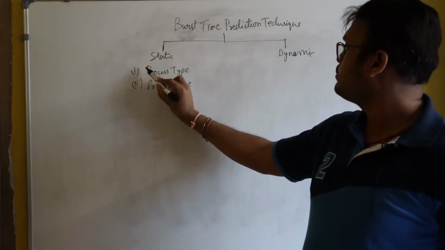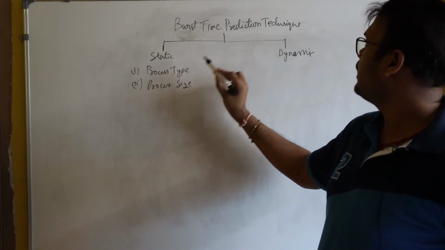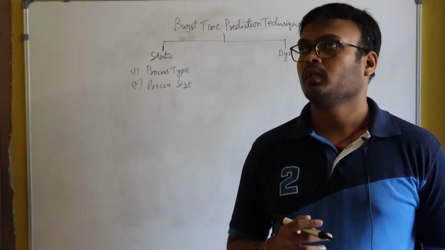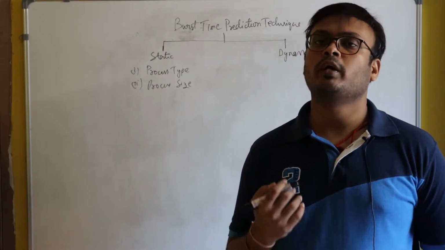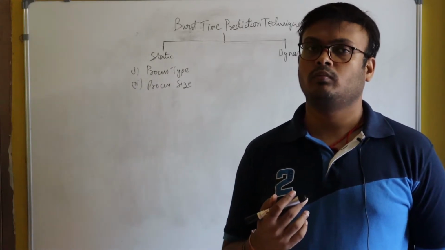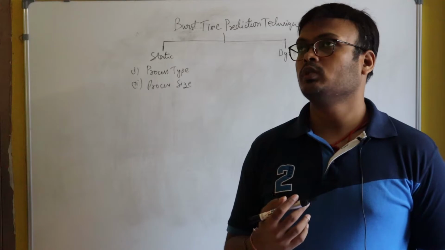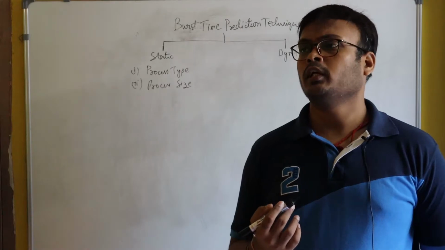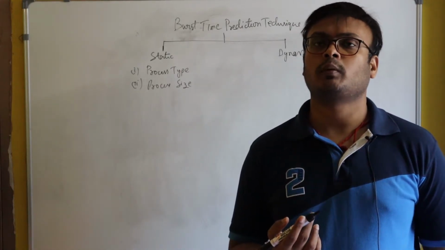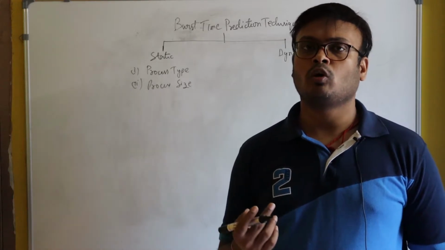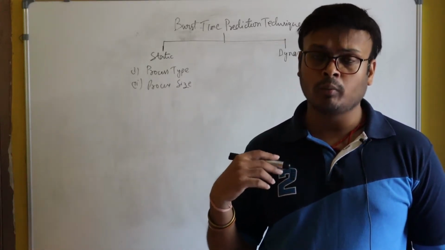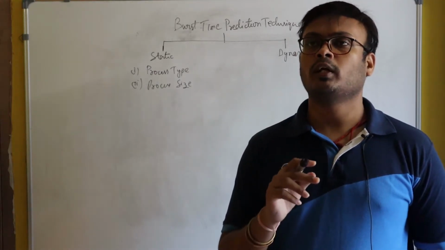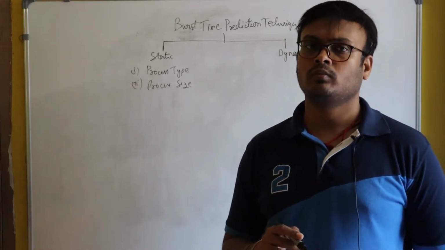So how is process type used to predict the burst time of a process? Based on the type of the process, we predict what can be its burst time. Suppose a process is very fast, so we can predict it may have a burst time of 1 or 2 milliseconds, or based on a process of the same type which has run previously.